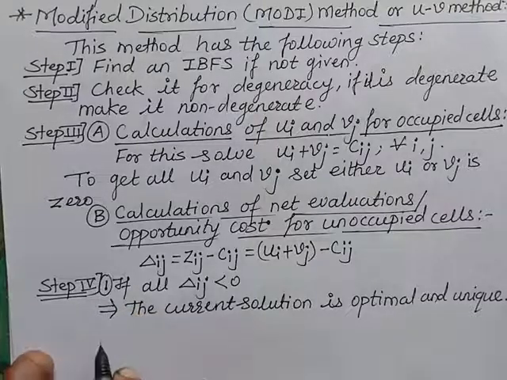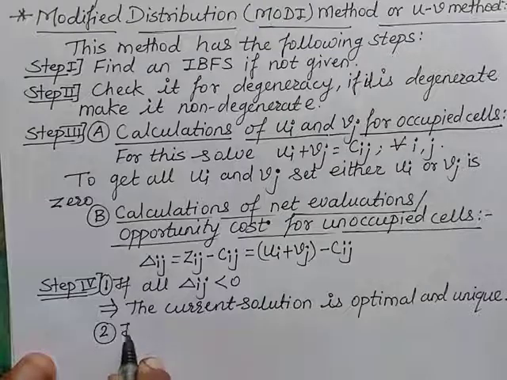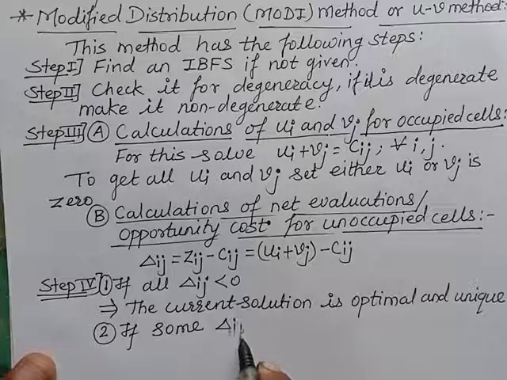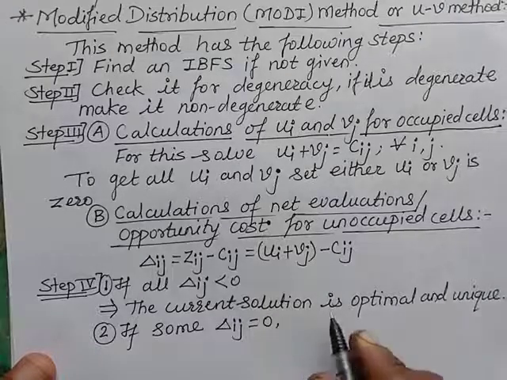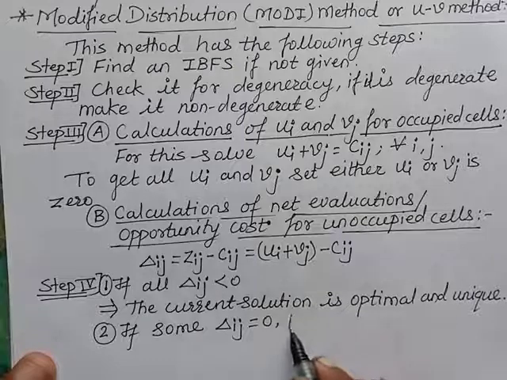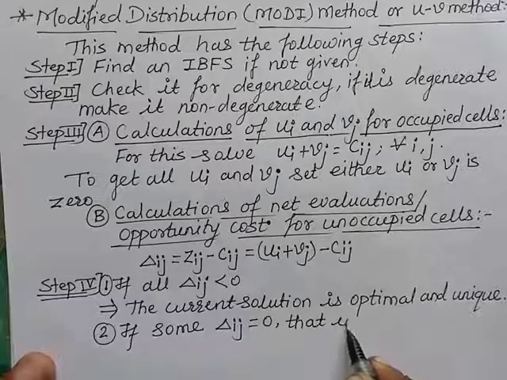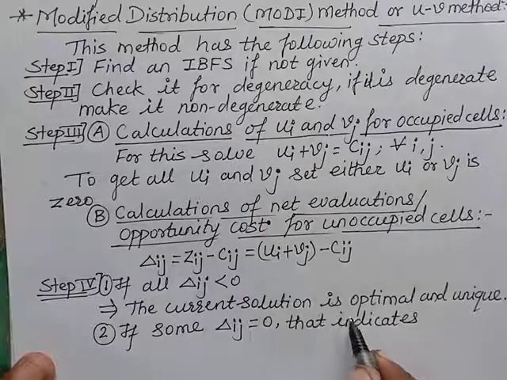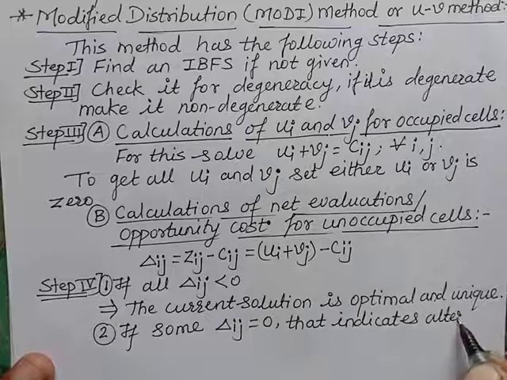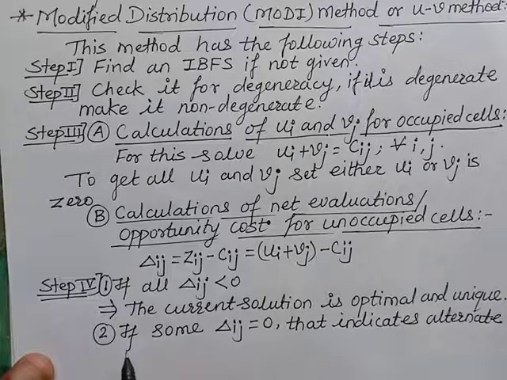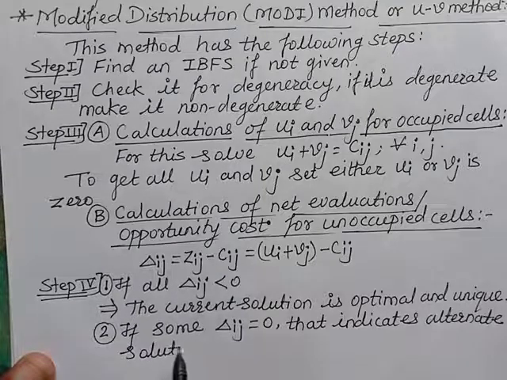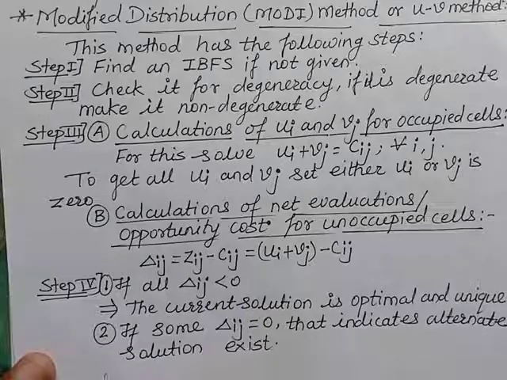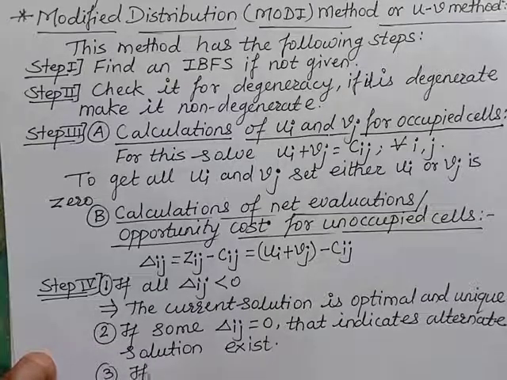You can name it as first. Second, if some delta ij equal to 0, that indicates alternate solution exists.